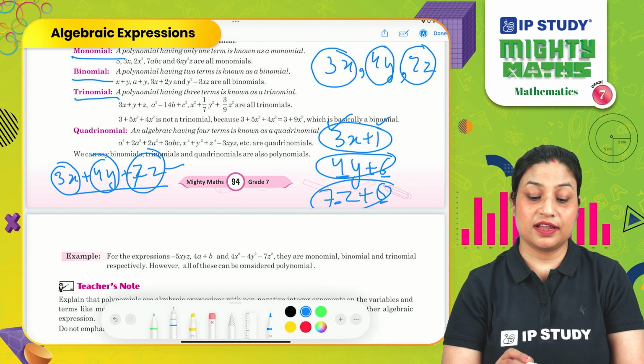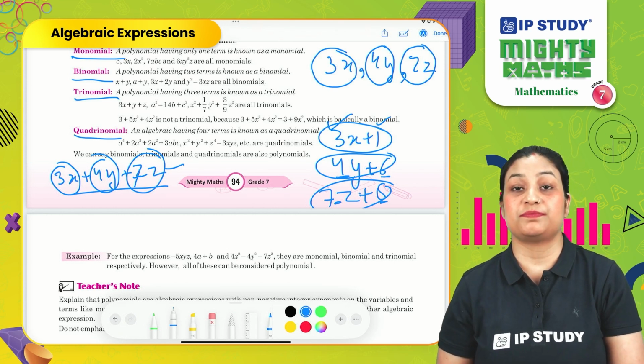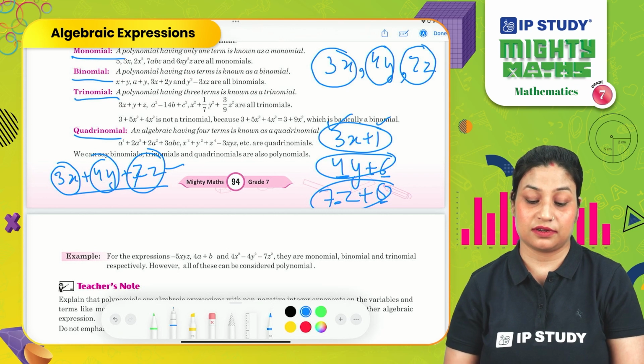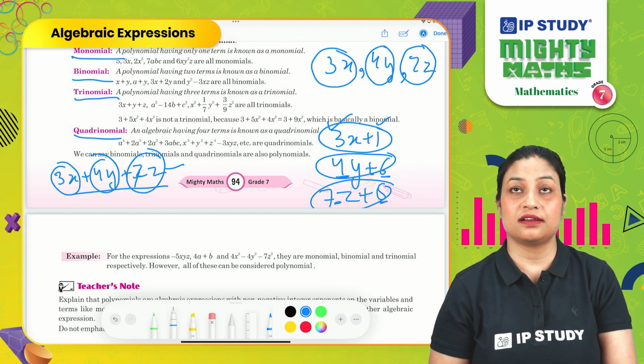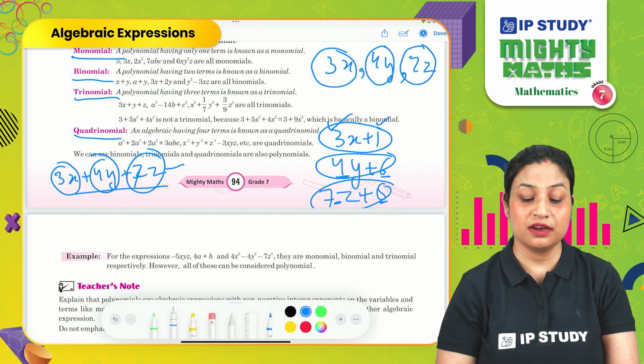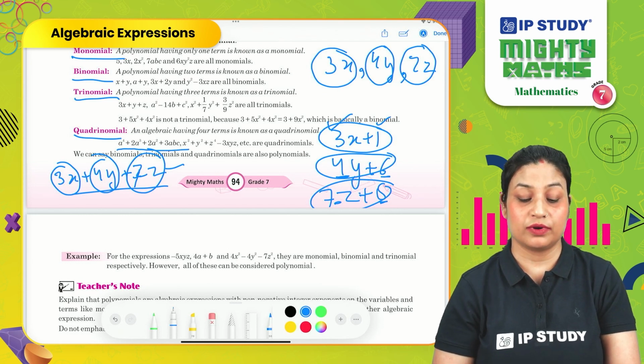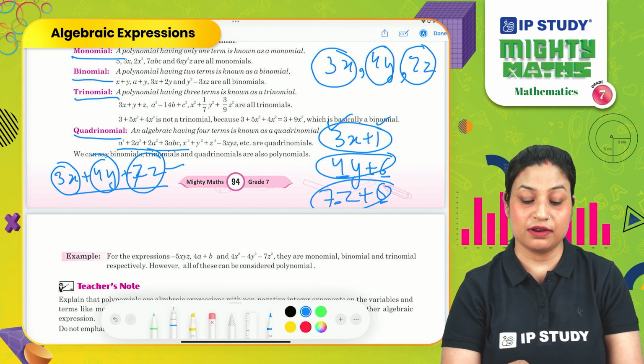Then any algebraic expression in which we have more terms, more than three terms, or simply we can say, let's take an example of a quadrinomial. Here in this case, we will have four terms. So can you see this example on the screen?